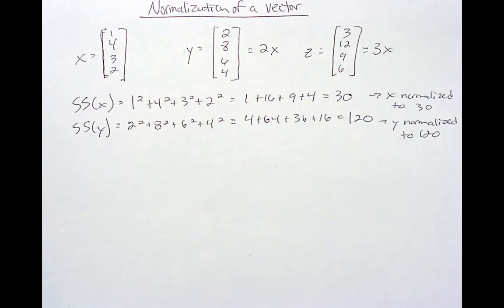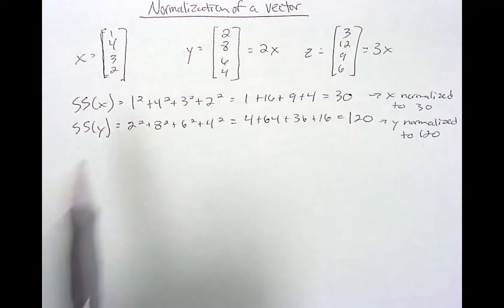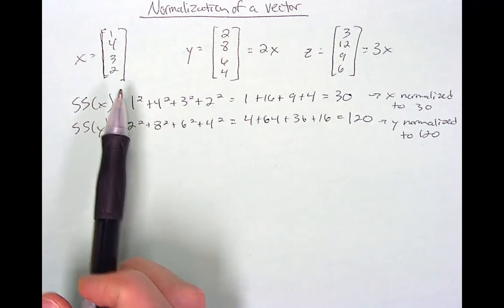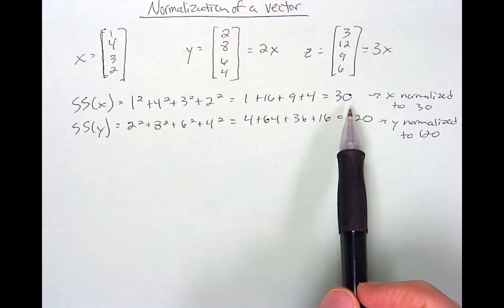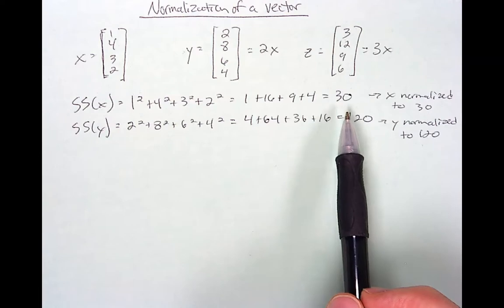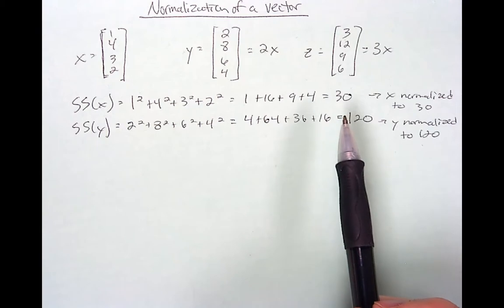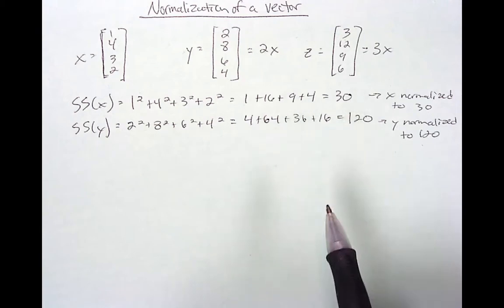Often we wish to normalize a vector to 1. This is done by dividing each element of the vector by the magnitude of that vector. That is, the magnitude is the square root of the value to which it's currently normalized. For example, if we wish to convert vector x here, which is currently normalized to 30, that we just found, to be normalized to 1, we would divide each element of the vector by the magnitude of that vector, which is the square root of 30.